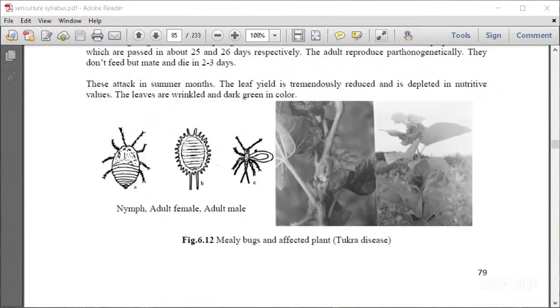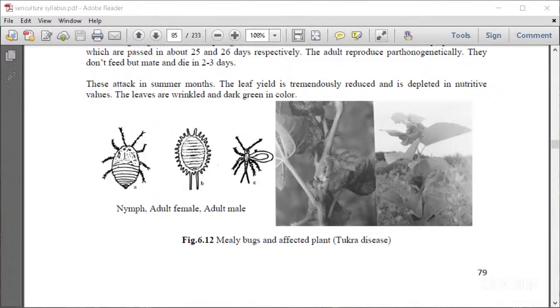The safe period is 13 days after the spray. Soil application of carbofuran at the rate of 4 kg per hectare after pruning. The safe period is 45 days after the first application.